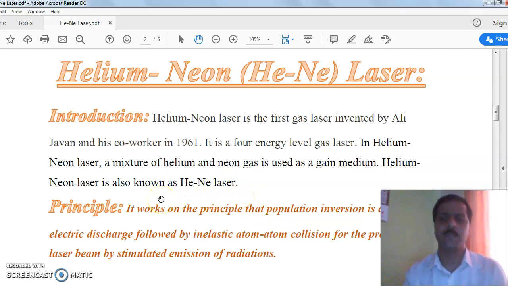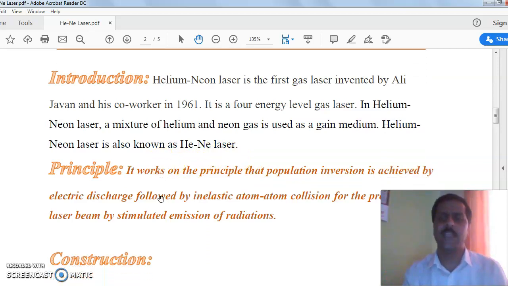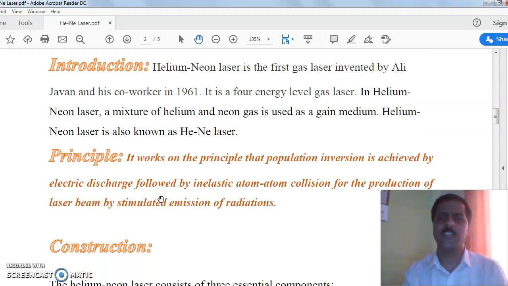Come to the principle. The helium neon laser works on the principle that population inversion is achieved by electric discharge followed by inelastic atom-atom collision for the production of the laser beam by stimulated emission of radiation.